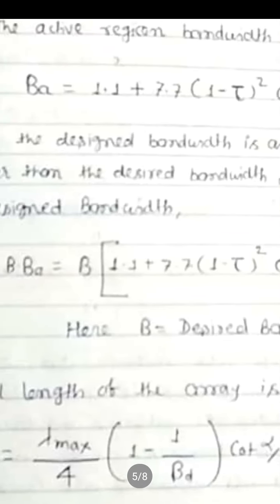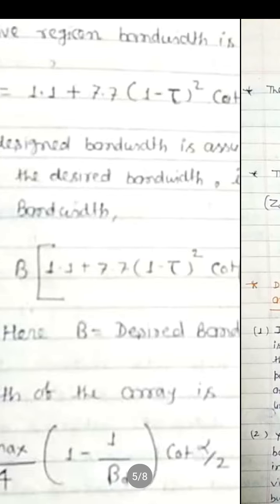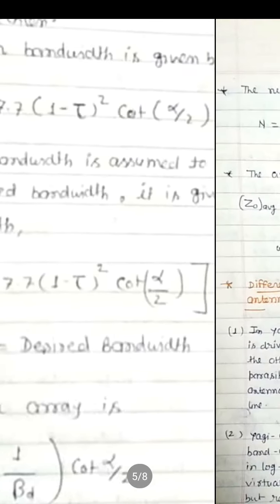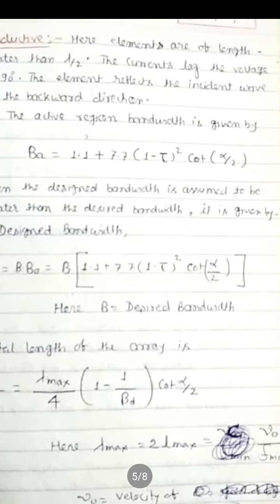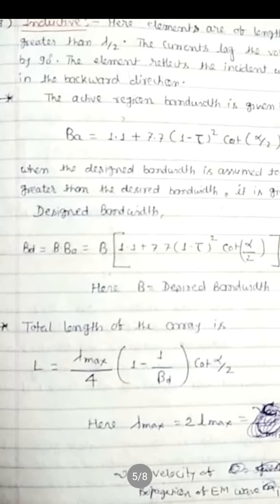So you can see the active bandwidth is denoted by BA and multiplied by beta or B. Now you can see B into 1.1 plus 7.7 1 minus tau whole square cot alpha by 2, which is the active region bandwidth BA. Here B is the desired bandwidth.